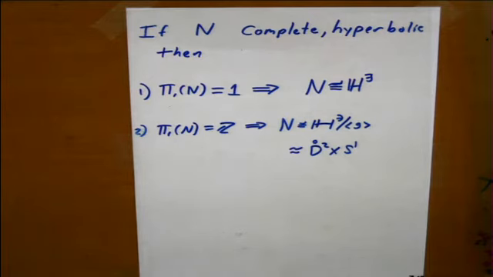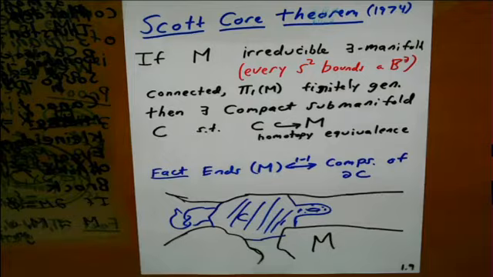So here's an important topological ingredient, which Dick already mentioned, the Scott core theorem. It says that if you have a connected, irreducible three-manifold with finitely generated fundamental group, then there's a compact submanifold living inside the manifold such that the inclusion is a homotopy equivalence.